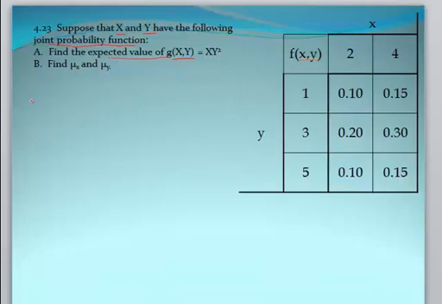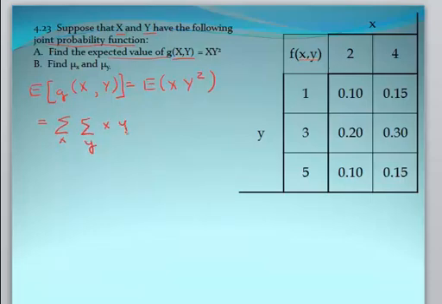So to do that, the expected value of any function g of x, y is going to be, in this case, the expected value of x y squared, and that is going to be just the summation over all the x's and all the y's of x y squared, right, times the probability function at that particular location. So then we proceed to do that.